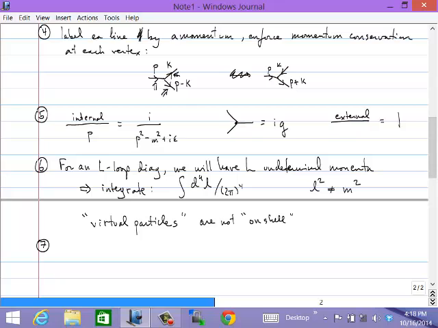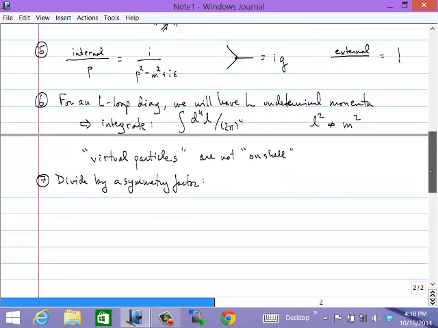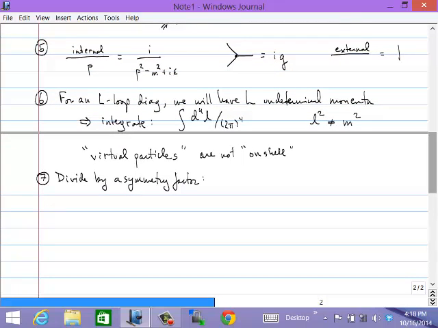And then that gives you the answer. All we have to do then is divide by an appropriate symmetry factor. And as in the case of Feynman rules in position space, the number of symmetries of a diagram is the number of invariances of the diagram when you interchange propagators and vertices.